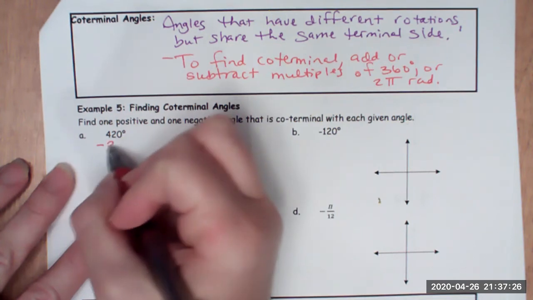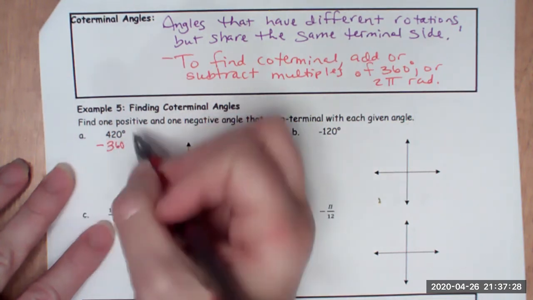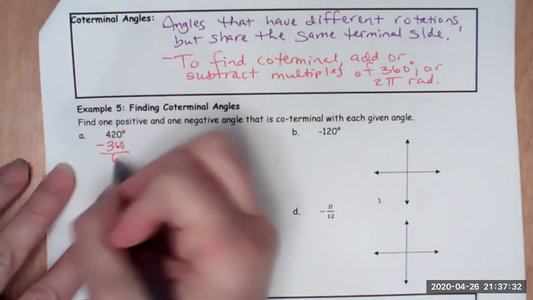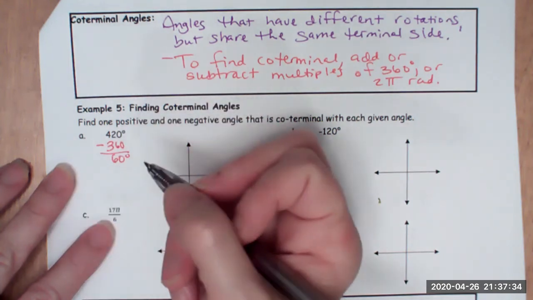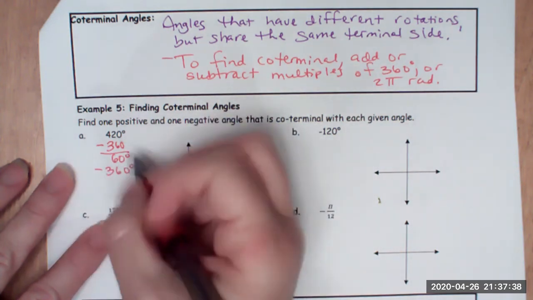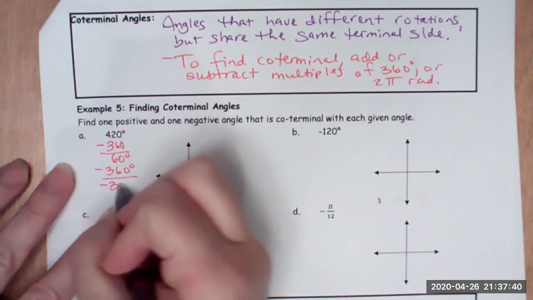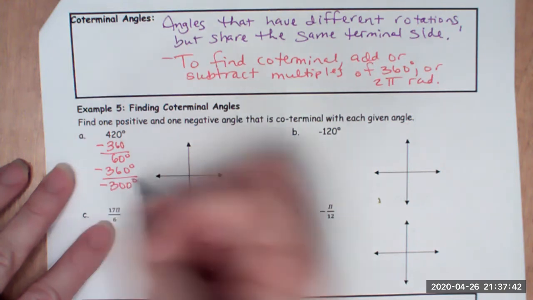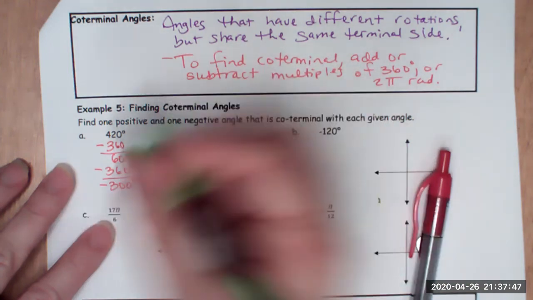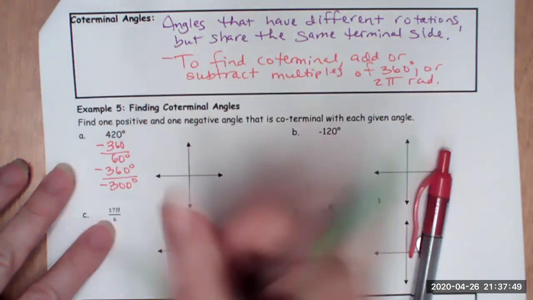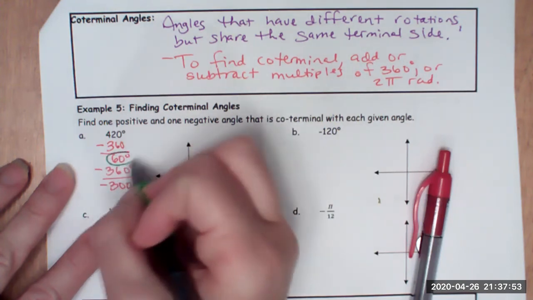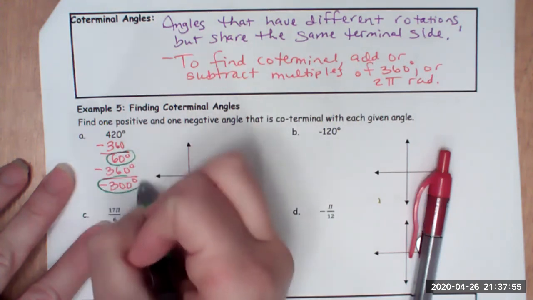So if I subtract 360 from 420, that gives us 60 degrees, okay? If I subtract 360 again, I'll get negative 300 degrees, okay? So two angles that are coterminal with 420 are 60 degrees and negative 300 degrees. And I could keep going.